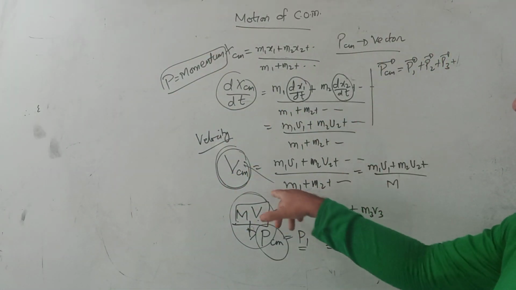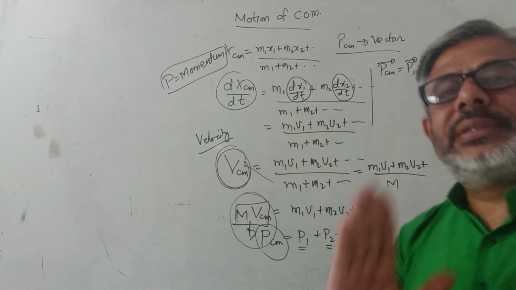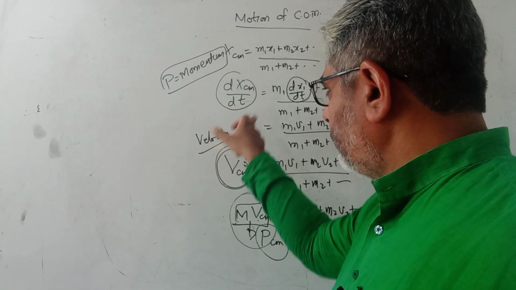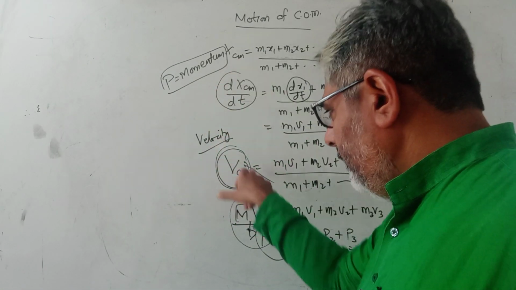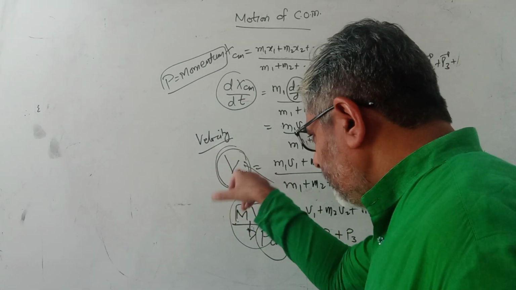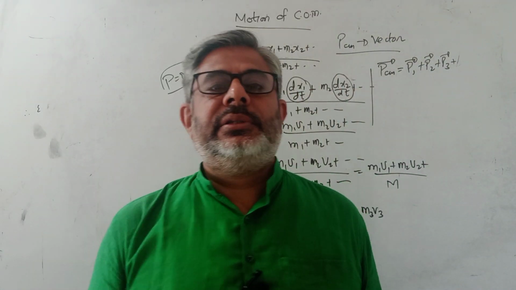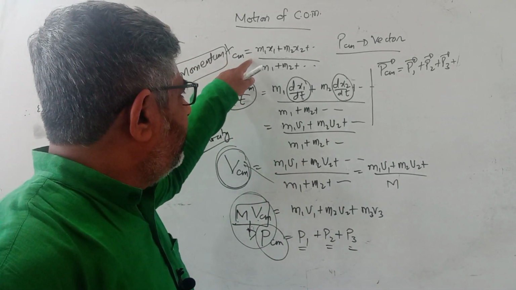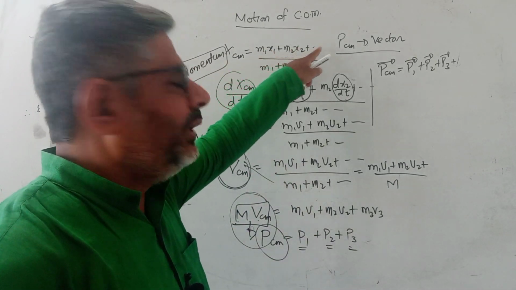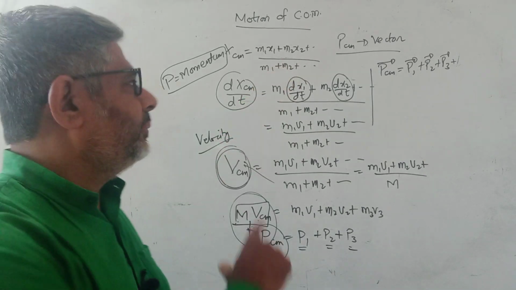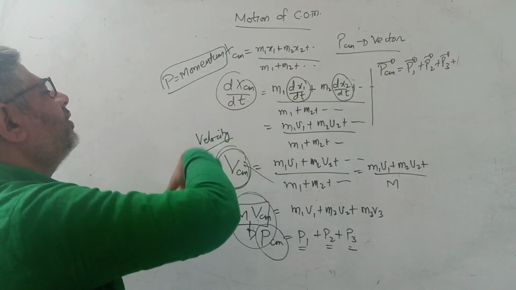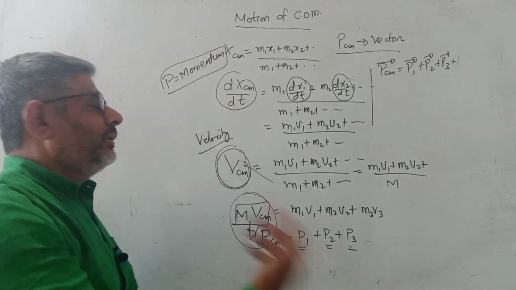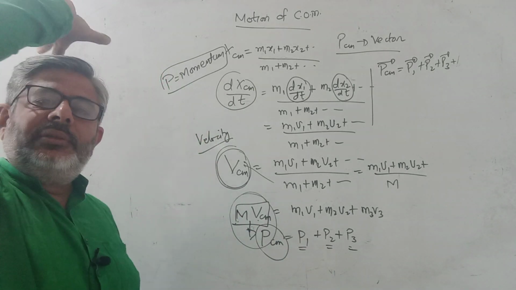Now here I have not broken it into x, y and z directions, because obviously I differentiated x. So ideally this should be the velocity of the center of mass in the x direction. If I write the y coordinate, which is m1 y1 plus m2 y2 and so on upon m1 plus m2 plus m3, then I will get the velocity of the center of mass in the y direction, then in the z direction.